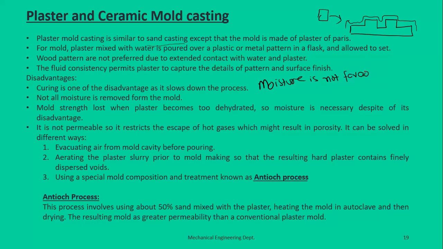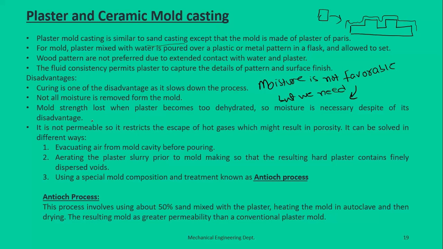The moisture is not favorable for our product, but in this case we do need the moisture in our mold material. Why is that so? We know why moisture is not favorable, but why do we need it in our mold material? Because once it becomes too dehydrated, if we remove too much of the moisture, the plaster will ultimately lose its strength and it is a possibility that it will fracture.